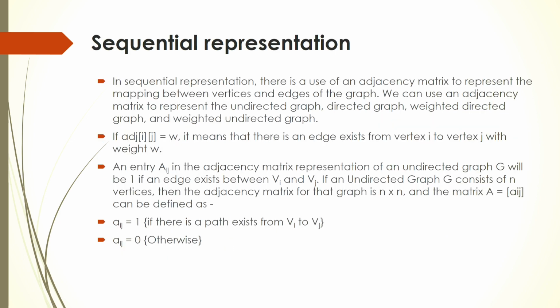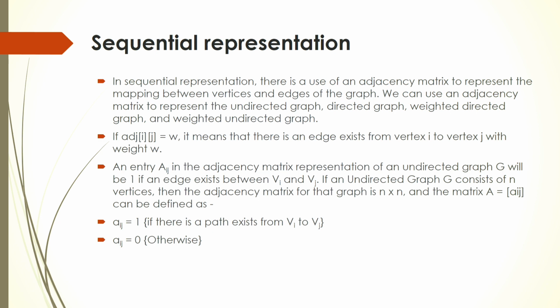So in sequential representation, there is a use of an adjacency matrix to represent the mapping between vertices and the edges of the graph. We can use an adjacency matrix to represent the undirected graph, directed graph, weighted directed graph, and weighted undirected graph.